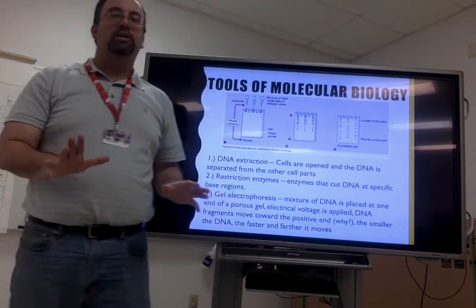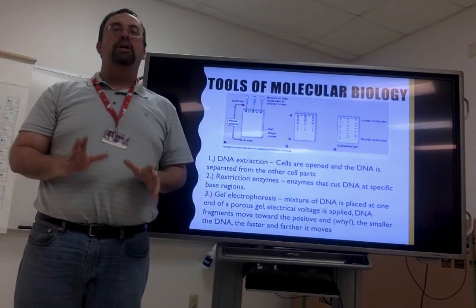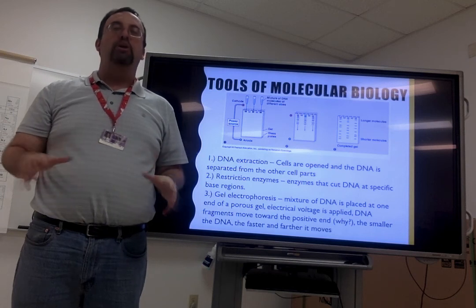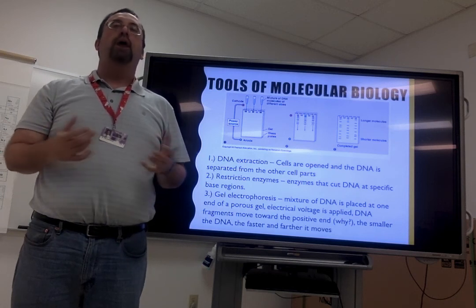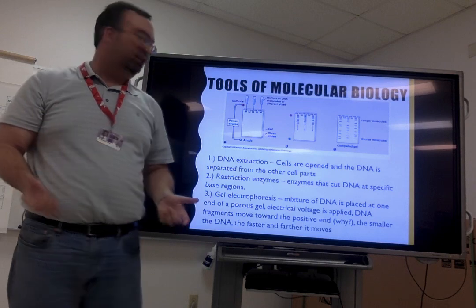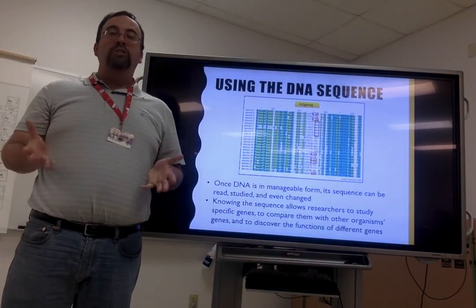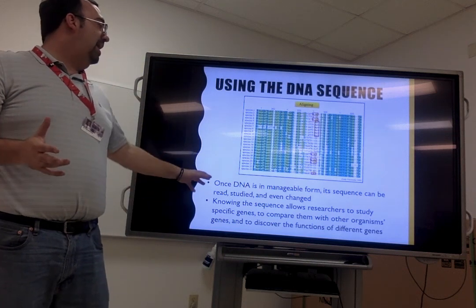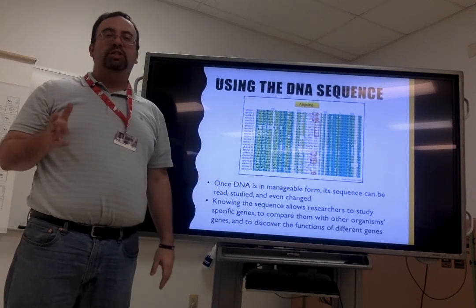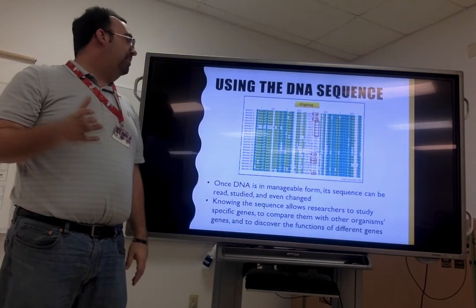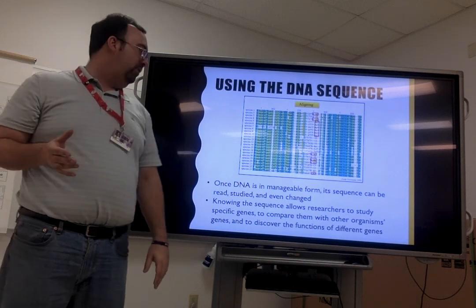Again, these are some useful tools that molecular biologists use in the lab in order to help with their experimentations. All right. Once we have the DNA, then we can sequence the DNA, and we can then even change it at will.